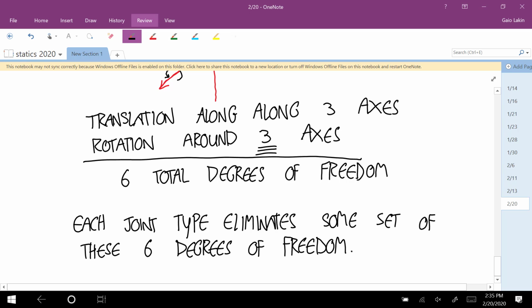Okay, so now I'm going to go through, just like I did before in 2D, I separated things into categories where a category introduced the same number of variables, the same number of loads.